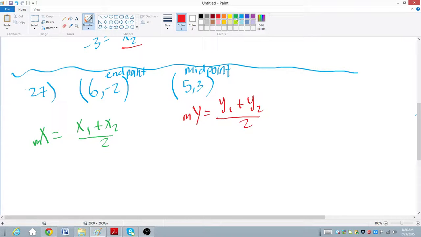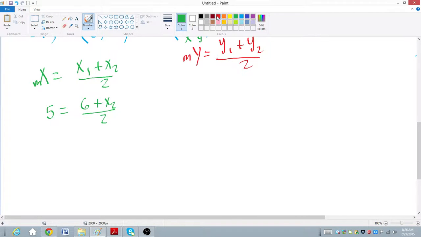Now just plug in. I know the midpoint of x, so I'm going to use the x. 5 is equal to x1 plus x2. x1 is 6. I don't know what x2 is because that's the other endpoint. So plus x2 divided by 2. Now solve for this.